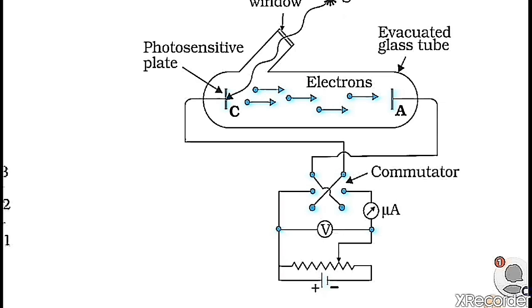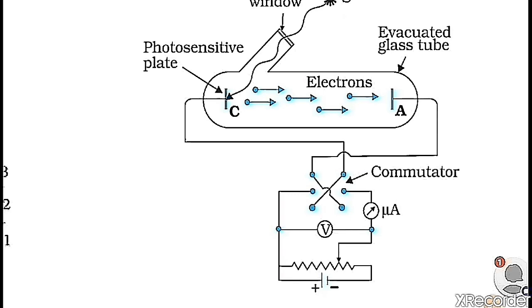At some stage, for a certain positive potential of plate A, all the emitted electrons are collected by this plate A, and the photoelectric current becomes maximum. If we increase the accelerating potential of plate A further, the photoelectric current does not increase. The maximum value of photoelectric current is called the saturation current.